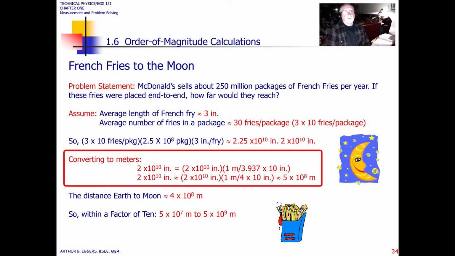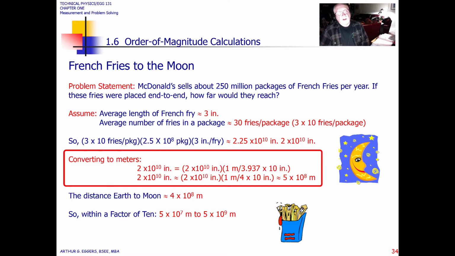So if we convert our inches to meters, 2 times 10 to the 10th inches is equal to 2 times 10 to the 10th times 1 meter per 3.937 times 10 inches. Okay, so that's our conversion. 1 meter per 3.9.